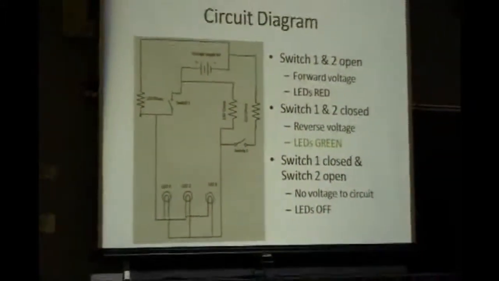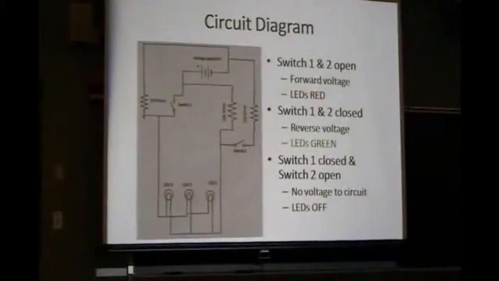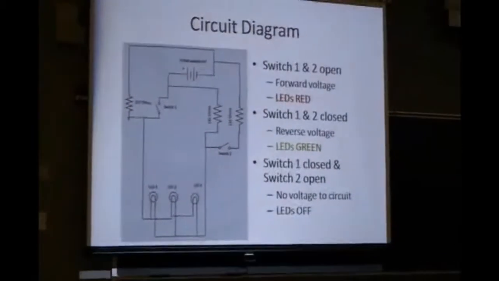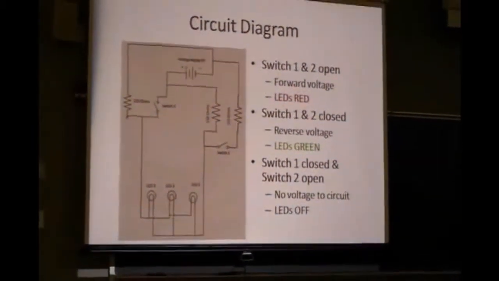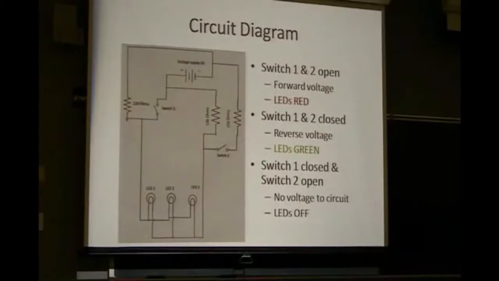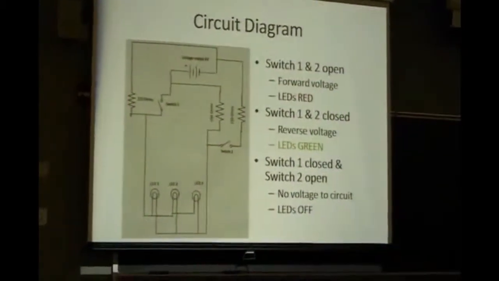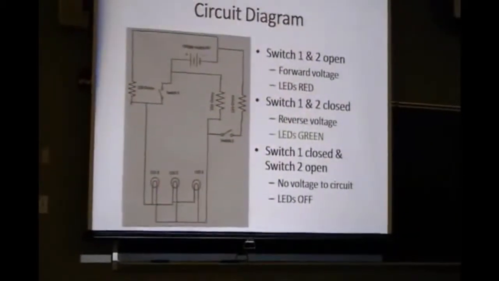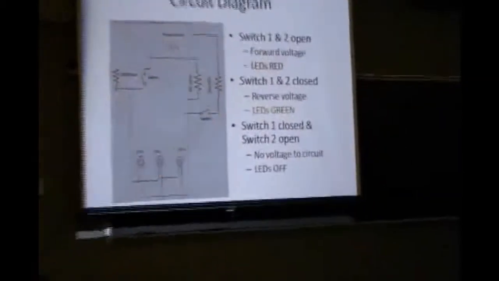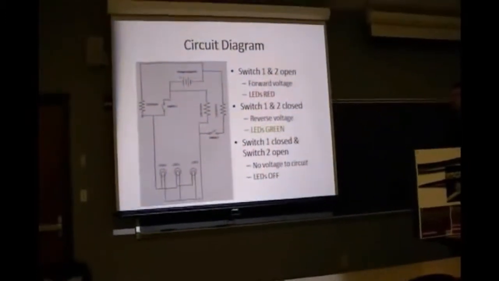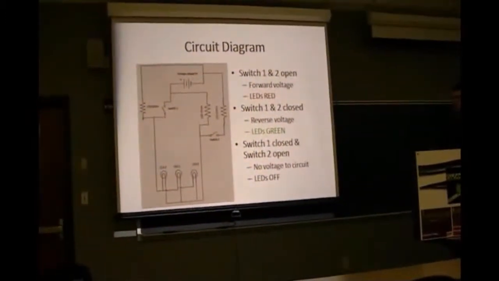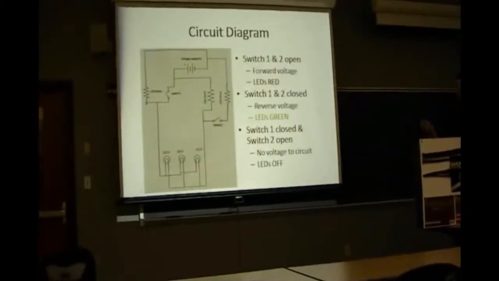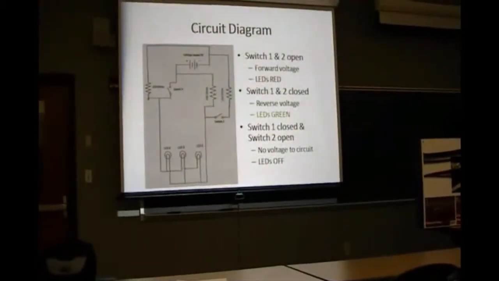When both switches are open, essentially it's just a forward circuit, and you have a forward voltage running through, and the LED lights red. For the off stage, when what we refer to as switch 1 is closed, it essentially kills the circuit, cuts off the current running through, and you just have a dead circuit there. When the second switch is closed, so you have switch 1 and switch 2 closed, you can effectively reverse the current through the circuit, and then the LED lights green.